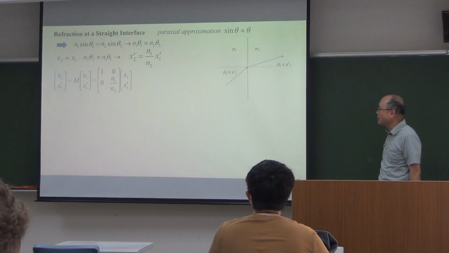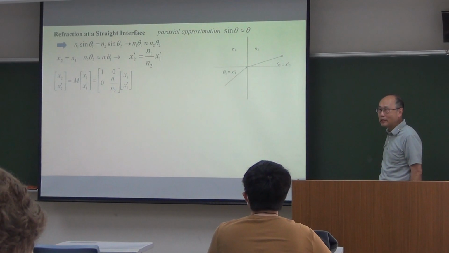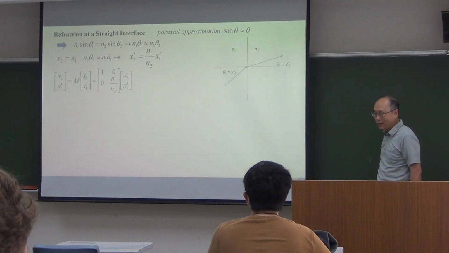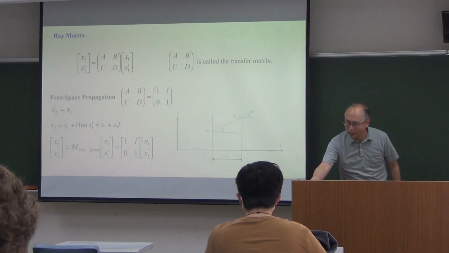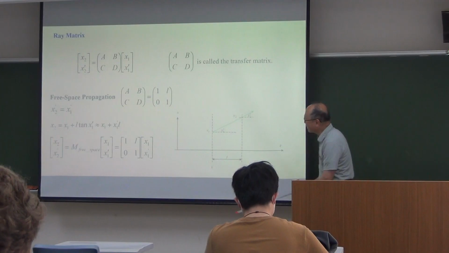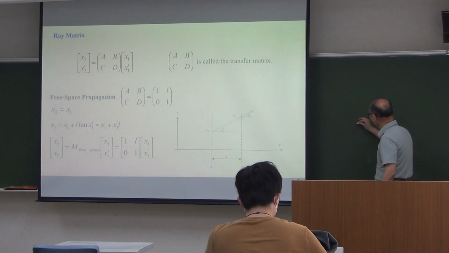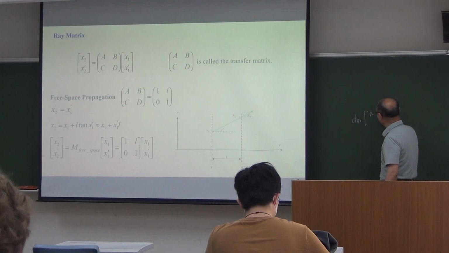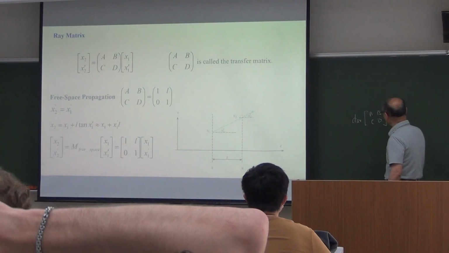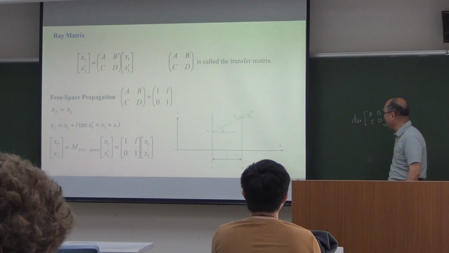Okay, so this is the second simplest case to understand how we derive a ray matrix. And you notice something interesting after this point. If we look into this ray matrix, and then we do the determinant of A, B, C, D, for the previous ray matrix, I get 1.